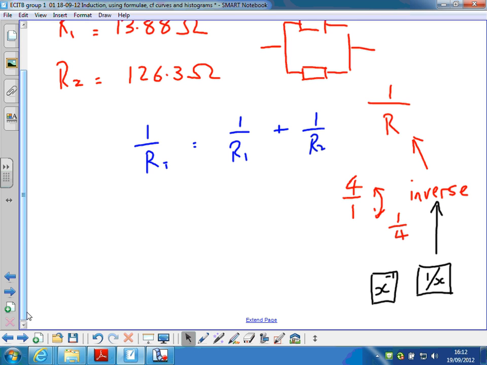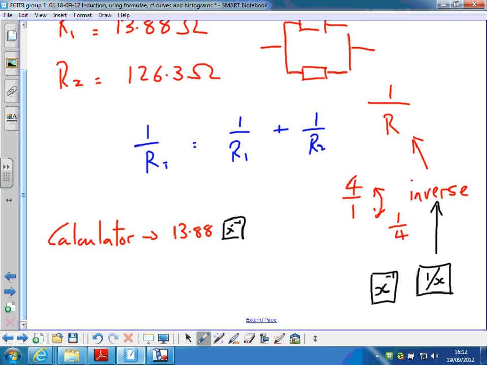To do this calculation, we take our 13.88, which is the first one. The calculator process is to go 13.88 and then press the x to the minus 1 button.